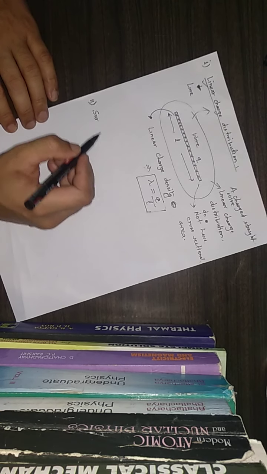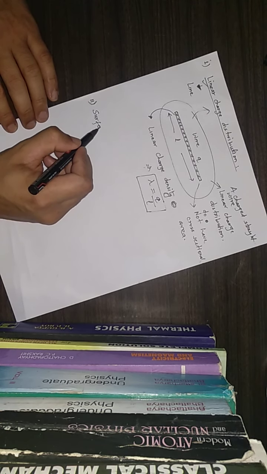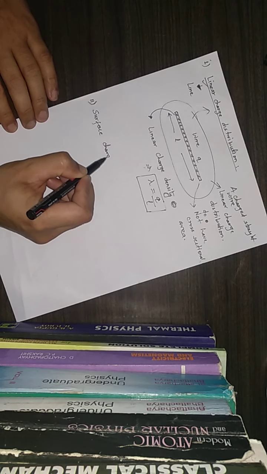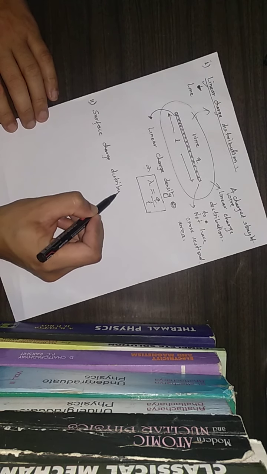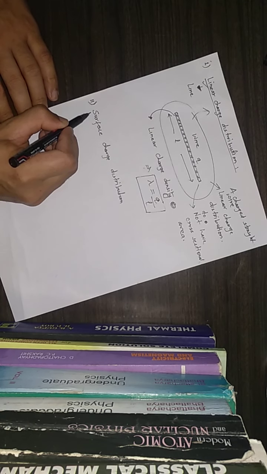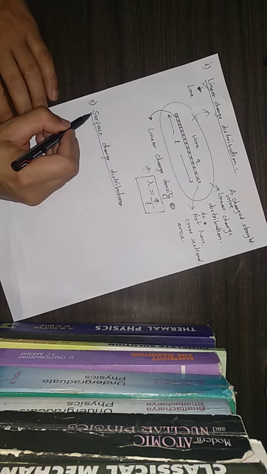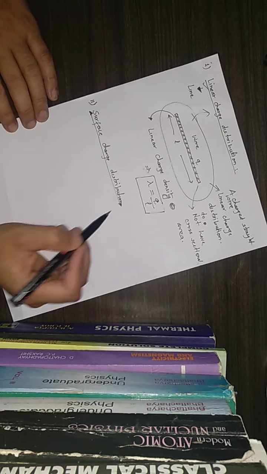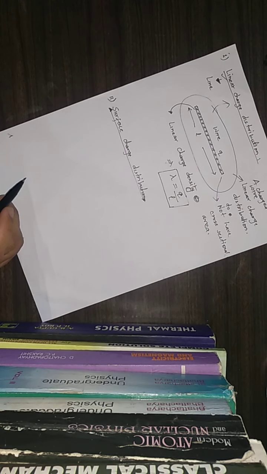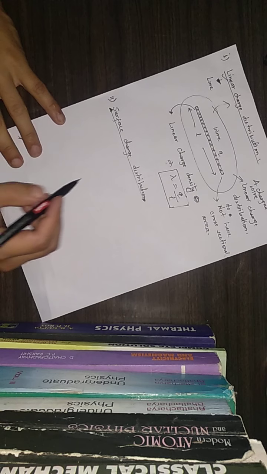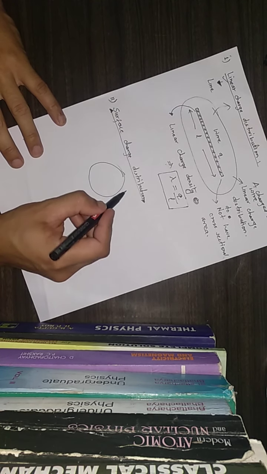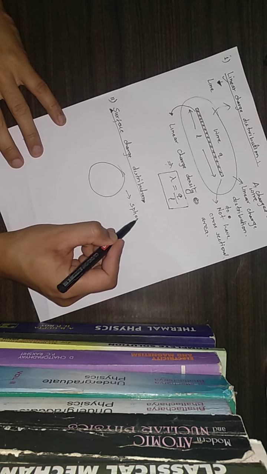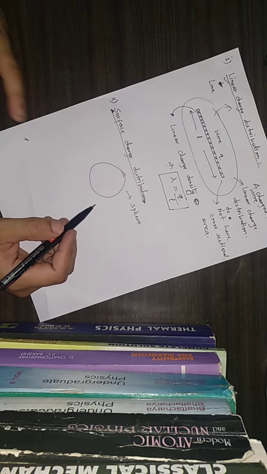surface charge distribution. So surface charge distribution is basically, if you have a surface, suppose you have a sphere or a cylinder which has a curved surface.